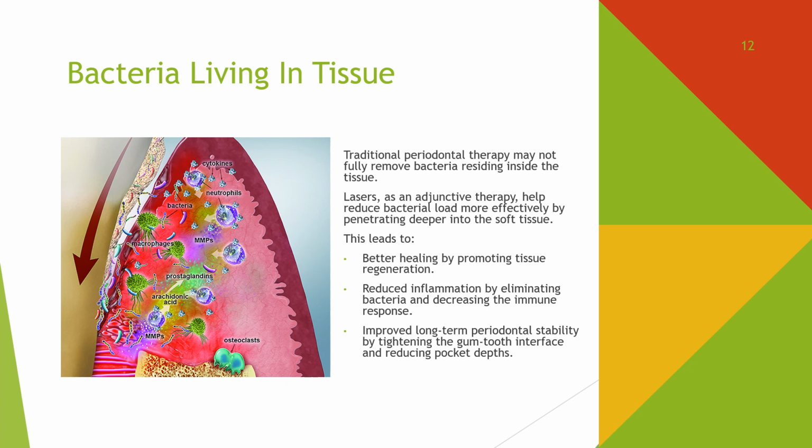Like in this image, we remove all the bacteria on the tooth, and sometimes when the tissue is really diseased, part of the tissue comes out as well. But as we can see here, bacteria still live inside of the tissue, and of course we cannot do gingival curettage. So how do we treat the tissue? We removed everything that's on the tooth, but we want to get rid of the bacteria that's in the tissue. This is where the laser comes in.